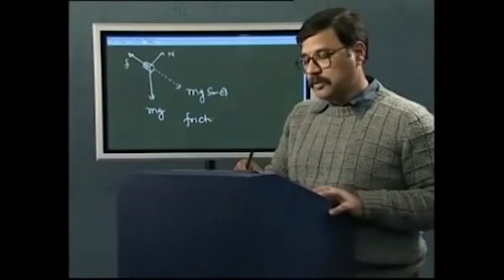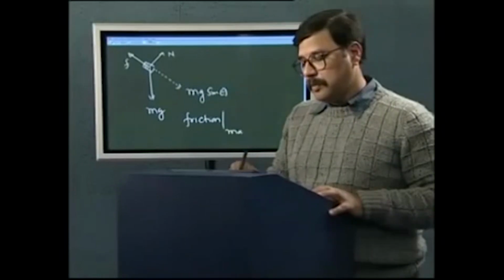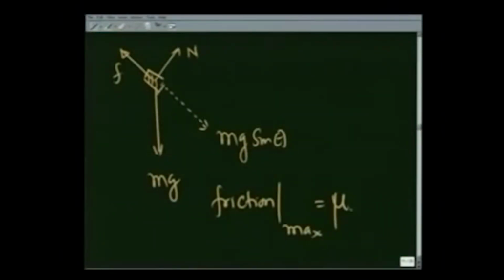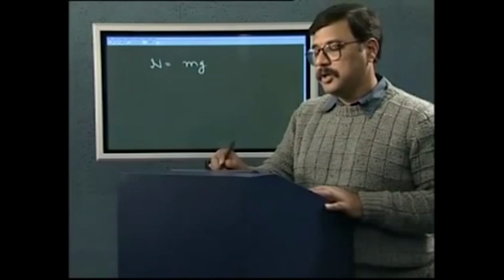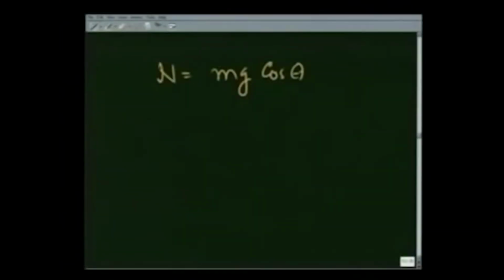Friction maximum, as I told you earlier, is equal to mu s times N, and as we saw earlier, N is nothing but mg cosine theta, because there is no motion perpendicular to the inclined plane.